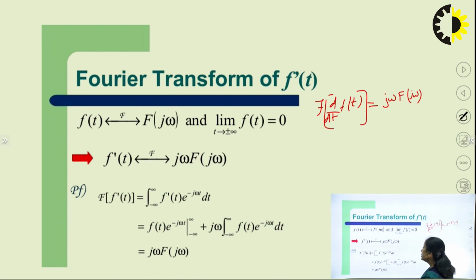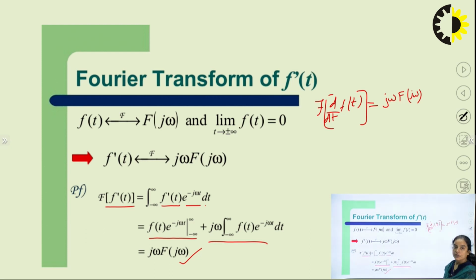Okay, so here the Fourier transform of f dash t is the integral of f dash t into e to the power minus j omega t dt, which we integrate from minus infinity to infinity. If you apply integration by parts, you will have this and this. After applying the limits, you will get only j omega into F of j omega.